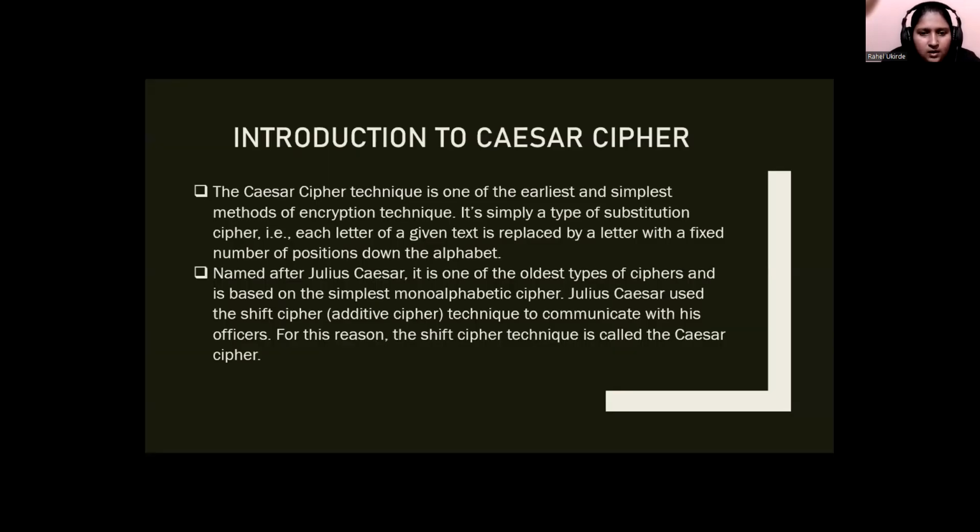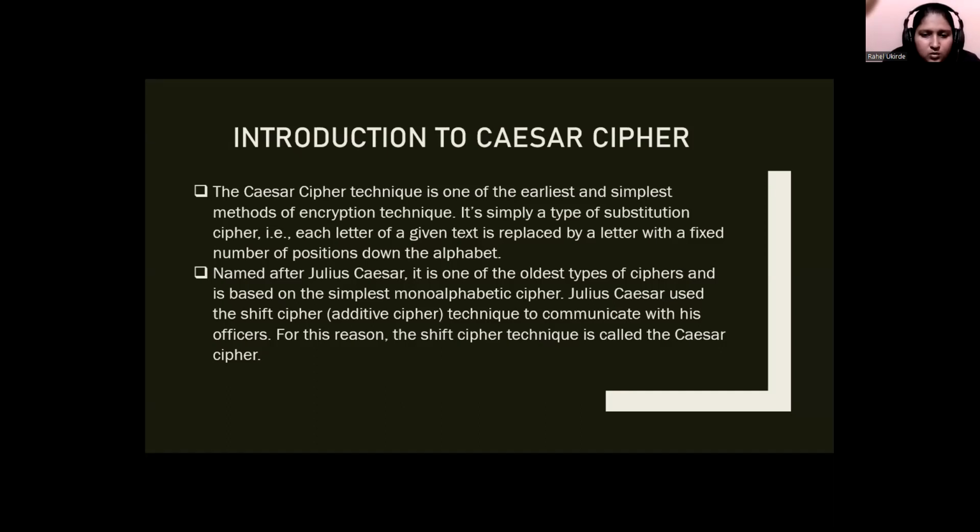So first we'll understand what is Caesar cipher. Caesar cipher is one of the simplest techniques of encryption. It is basically a type of substitution cipher, which means each letter of a given text is replaced by a letter some fixed number of positions down the alphabet.